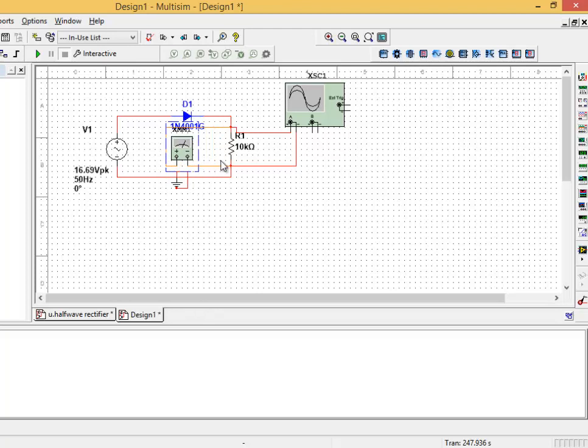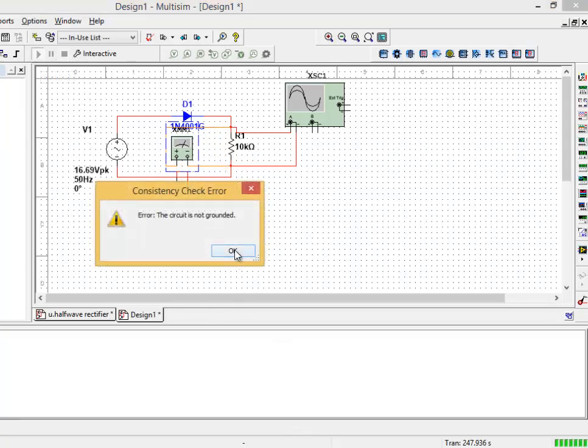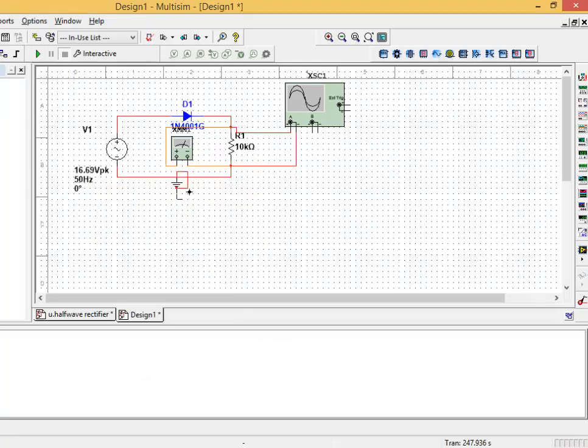Now let's play the circuit. It was not grounded, sorry. Let's see what's the issue.